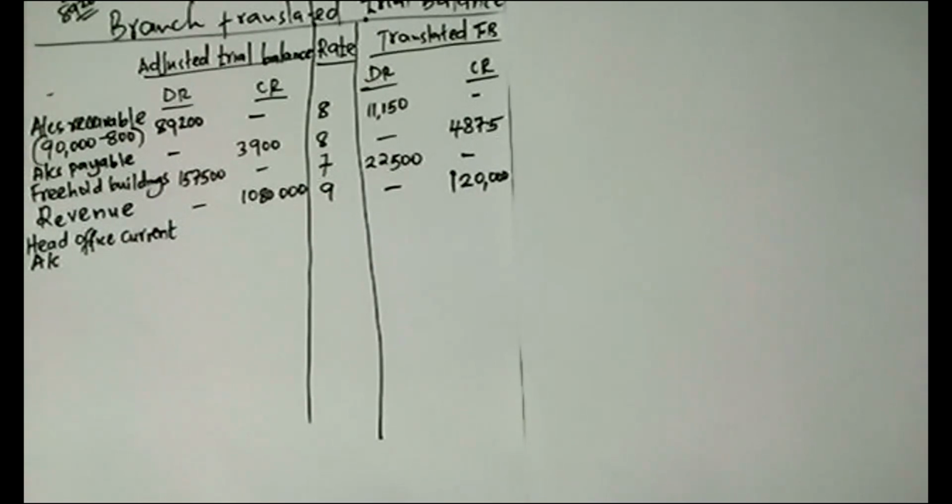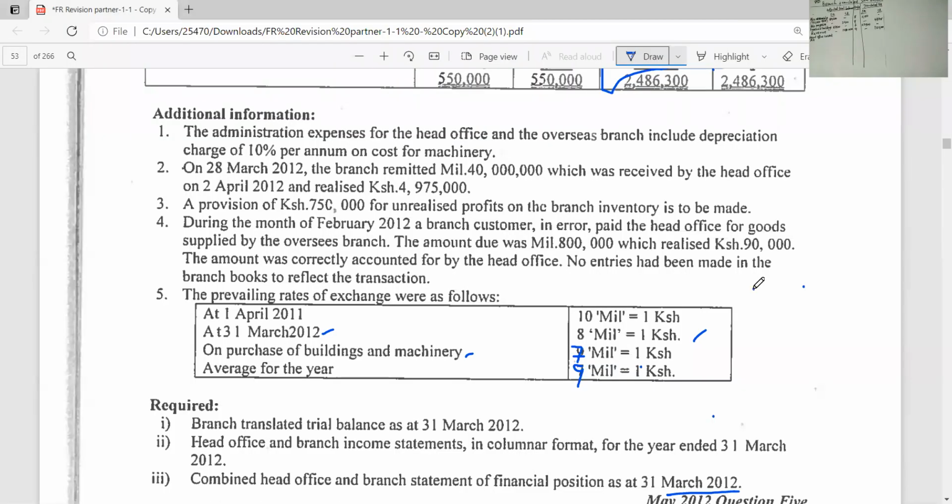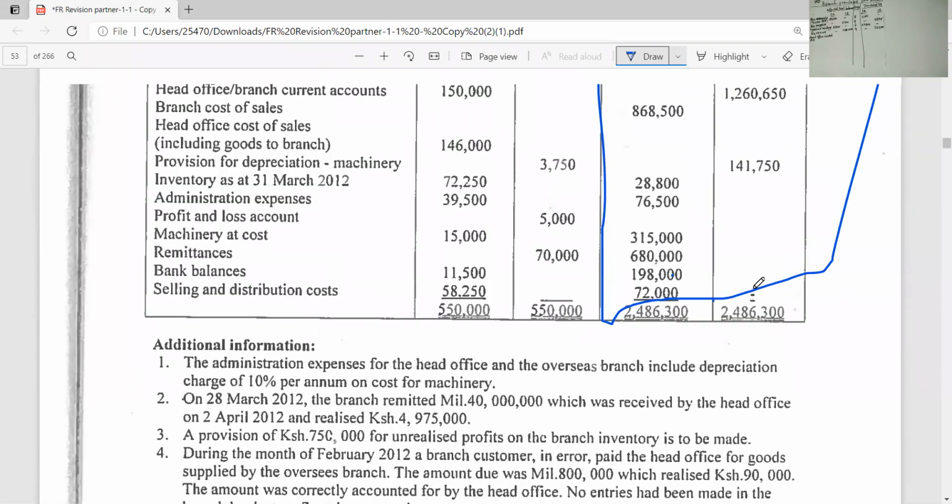So you can see we are doing the branch translated trial balance, where the branch maintains Adobe's current account. This Adobe's current account we need to adjust with that profit which was paid in error, because this is just a mirror account. Adobe's current account was 1,260,650.